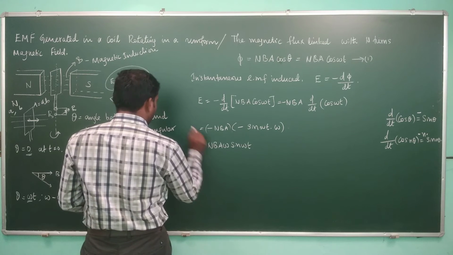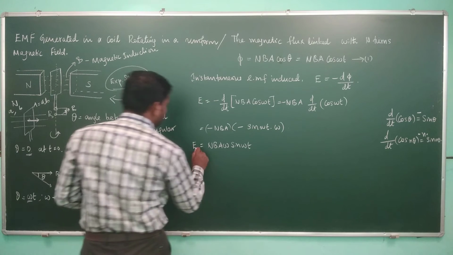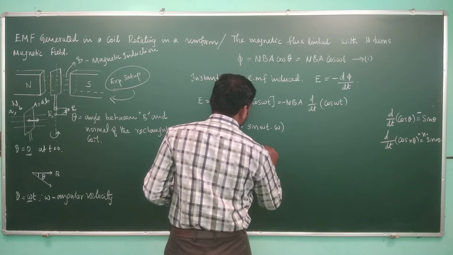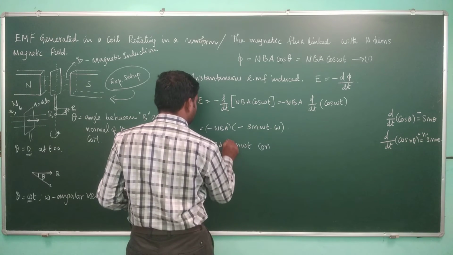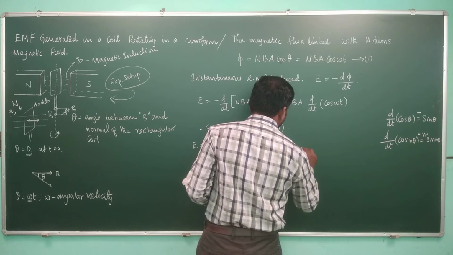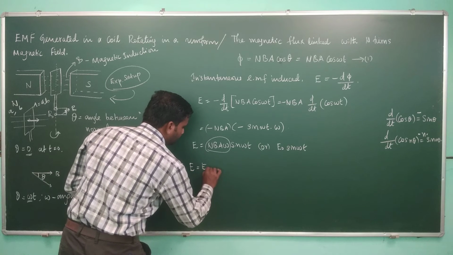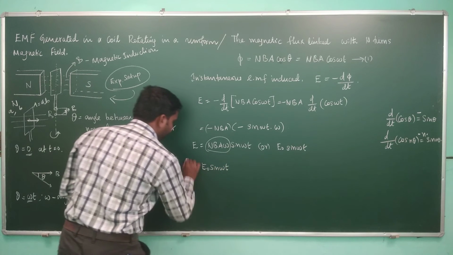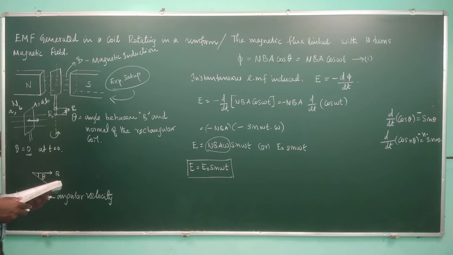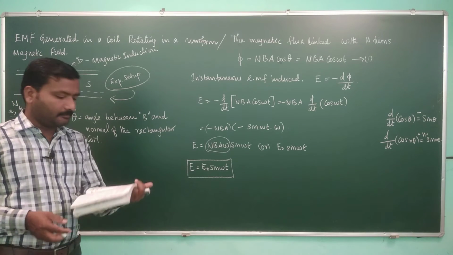This is nothing but E, right? We can take all these terms as a constant and denote it E naught, so that E is equal to E naught sin omega t, which is the induced instantaneous EMF due to the coil which is placed in a uniform magnetic field and made to rotate.